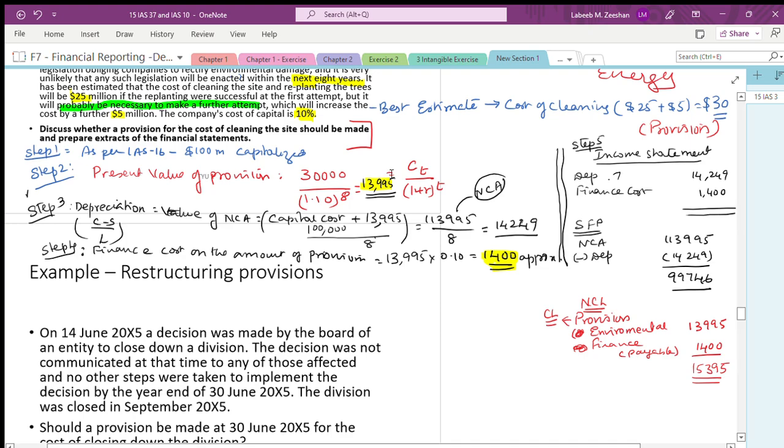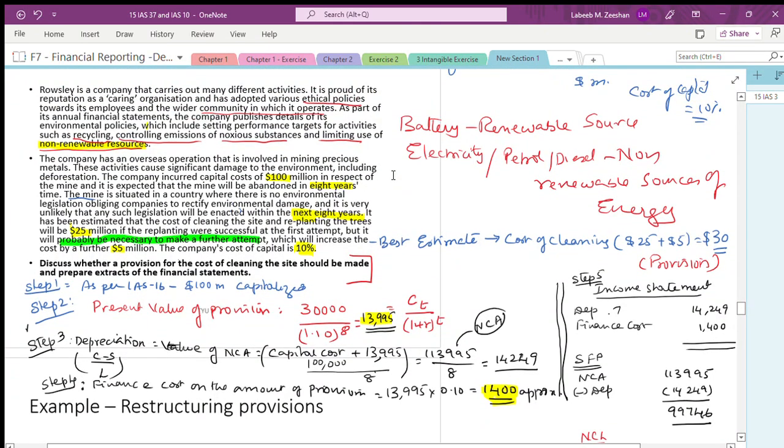Why do we have to take the present value of the provision? You should ask me questions. That's very important. Literally, why do we have present value of provision? We are taking up this task. This is the cost of cleaning the site and replanting the trees.